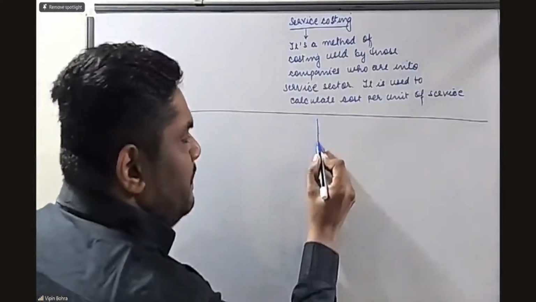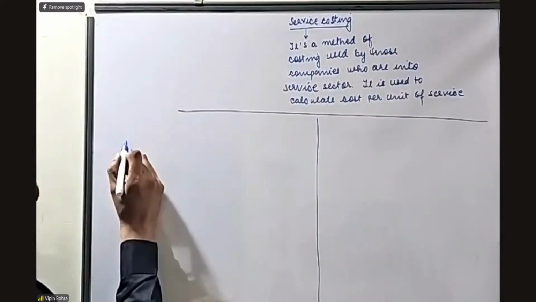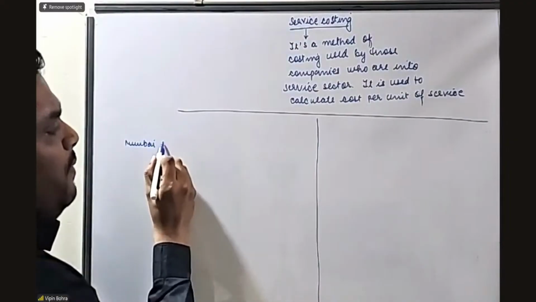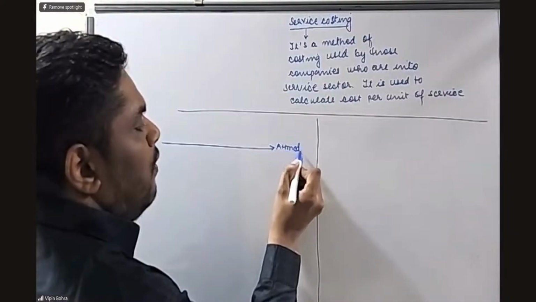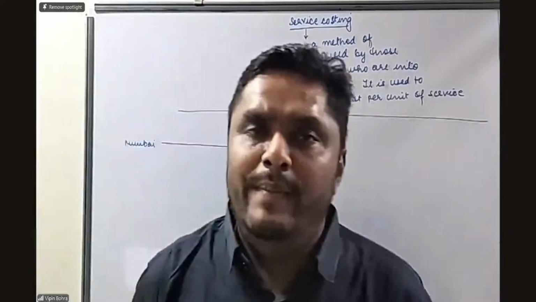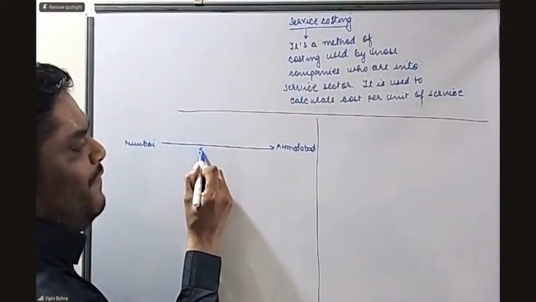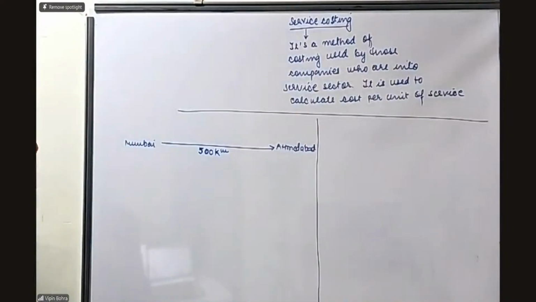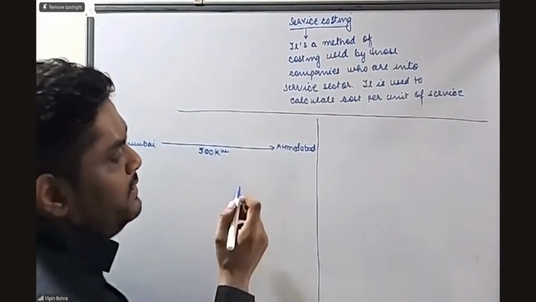So how this thing works, let's say I'm running a bus service from Mumbai to Ahmedabad. The total distance from Mumbai to Ahmedabad is, let's say, 500 kilometers.